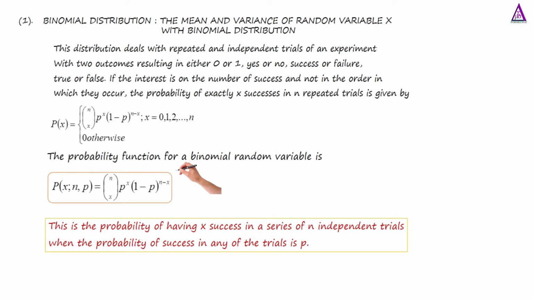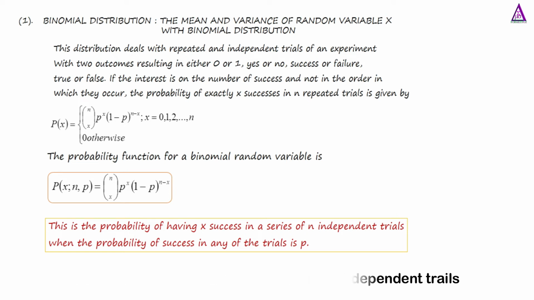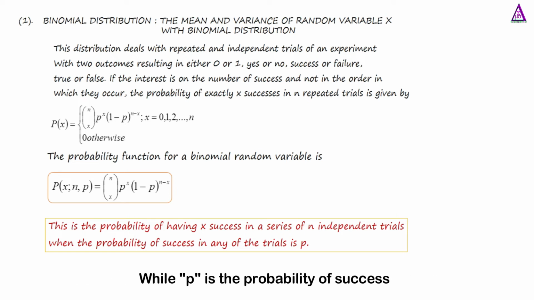This is the probability of having x successes in a series of n independent trials when the probability of success in any of the trials is p. That is, our x is the number of successes in n independent trials, while p is the probability of success.